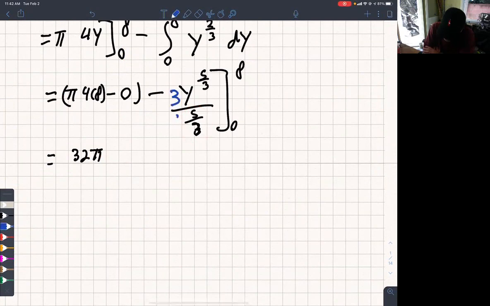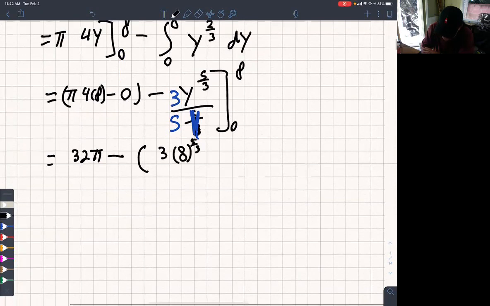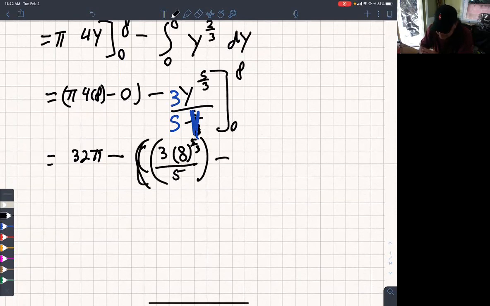So I'm going to put a 3 and 5 here and get rid of that. And so I have minus, plug in 8. 3 times 8 to the 5/3 power over 5 minus, then you plug in 0, but clearly if you plug in 0, it's 0.